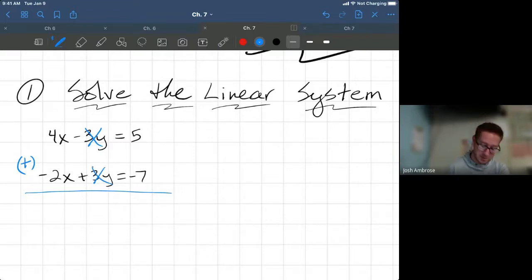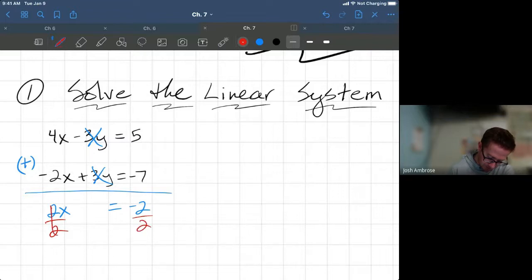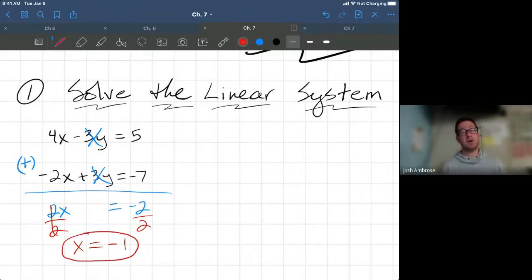Great for us, because now we're just left with x. 4 plus negative 2 gives us 2x equals 5 plus negative 7 gives us negative 2. Divide both sides by 2, and x equals -1.